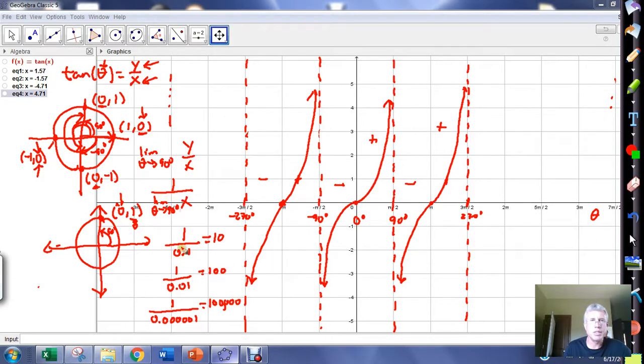What we see is that as theta goes to 90 degrees, the x-coordinate gets closer to 0, but the ratio 1 over x is getting infinitely large.